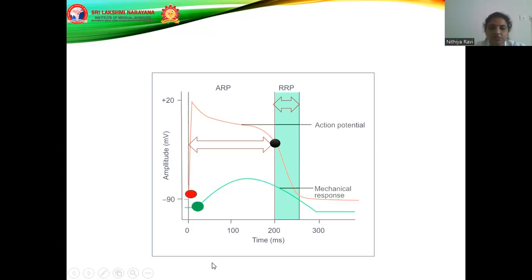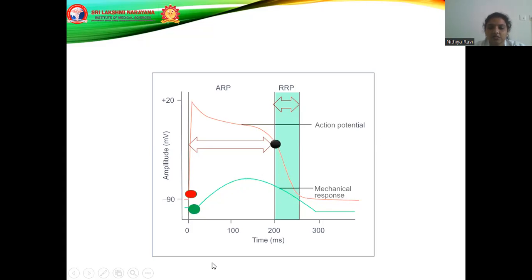So this part of the electrical activity contributes to the absolute refractory period. So here you can see that the mechanical activity which is achieved is the contraction has begun, reached its peak, and it is starting to relax. So these events which occur in the initial 200 milliseconds is contributing to the absolute refractory period, where whatever stimulus you give, there is not going to be any increase in the response or any further production of new response.